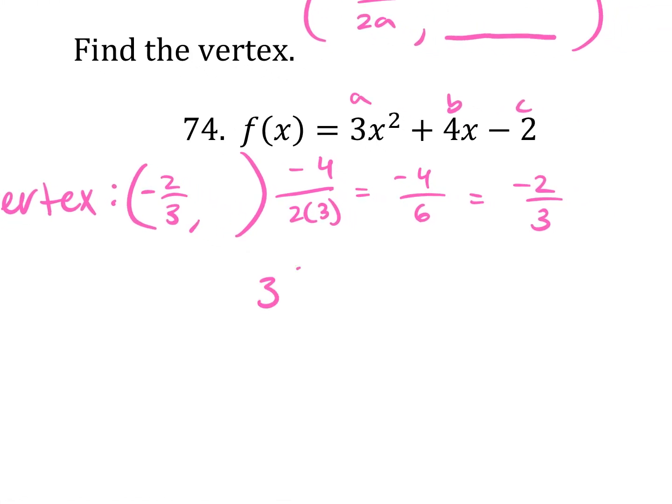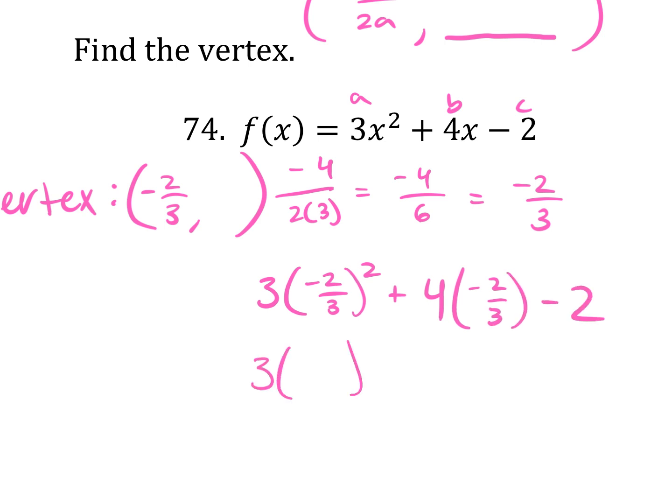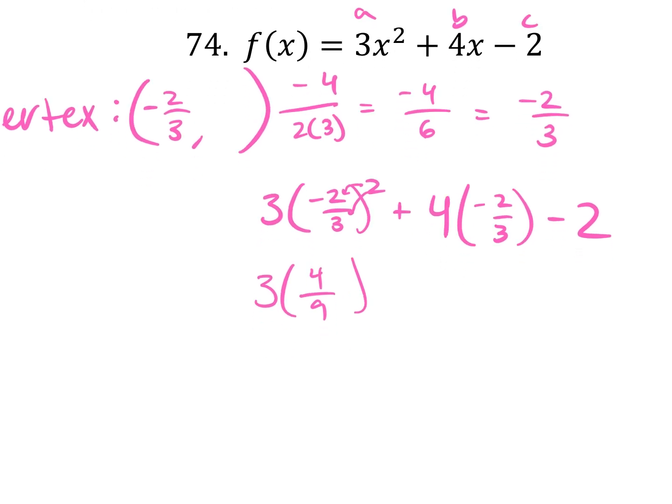So we have 3 times -2 over 3 squared plus 4 times -2 over 3 minus 2. We have to square it first. When we square it, we square the top and the bottom, so 4 over 9.